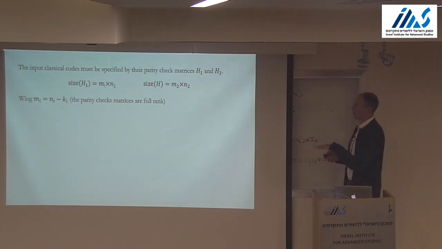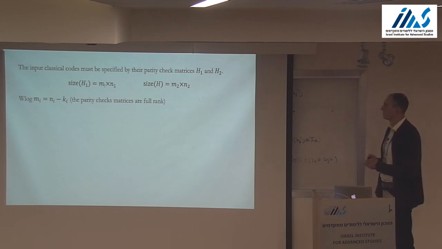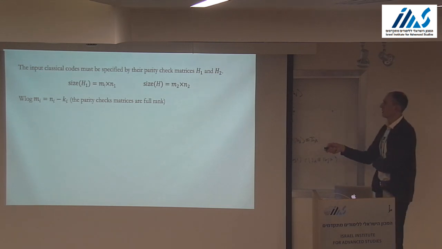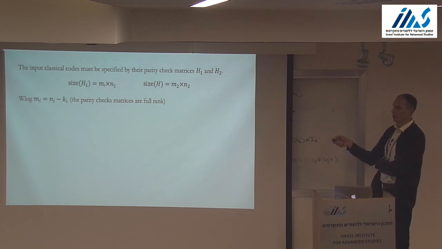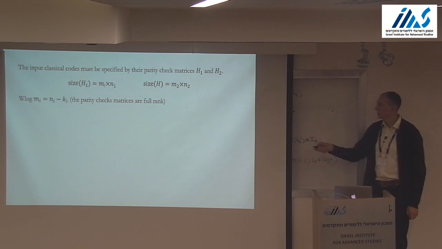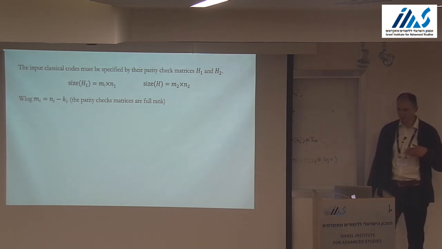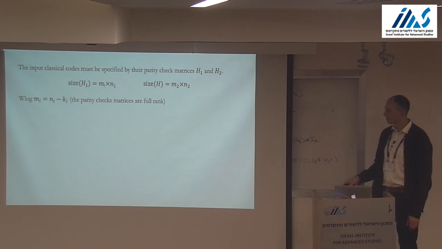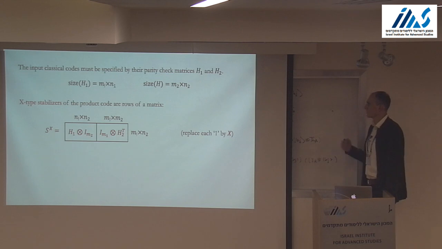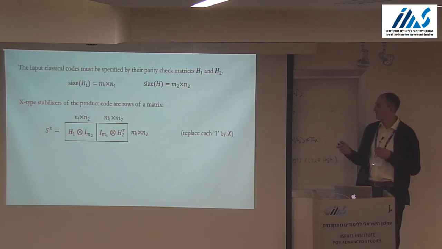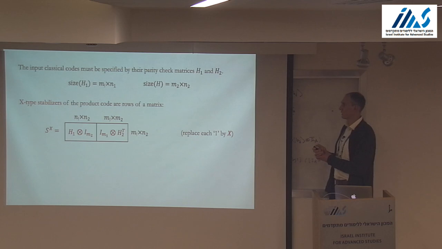And I will go very briefly through this construction because it's quite technical. Basically, you have to specify input classical codes by the parity check matrices. And these matrices have some dimensions. We can assume for simplicity that all parity checks of input codes are independent. Then the dimension of each parity check matrix is simply related to the number of logical bits in each input code. And so the output quantum code will be of stabilizer type, and it will have stabilizers of X type, like Pauli operators of X type, and stabilizers of Z type.